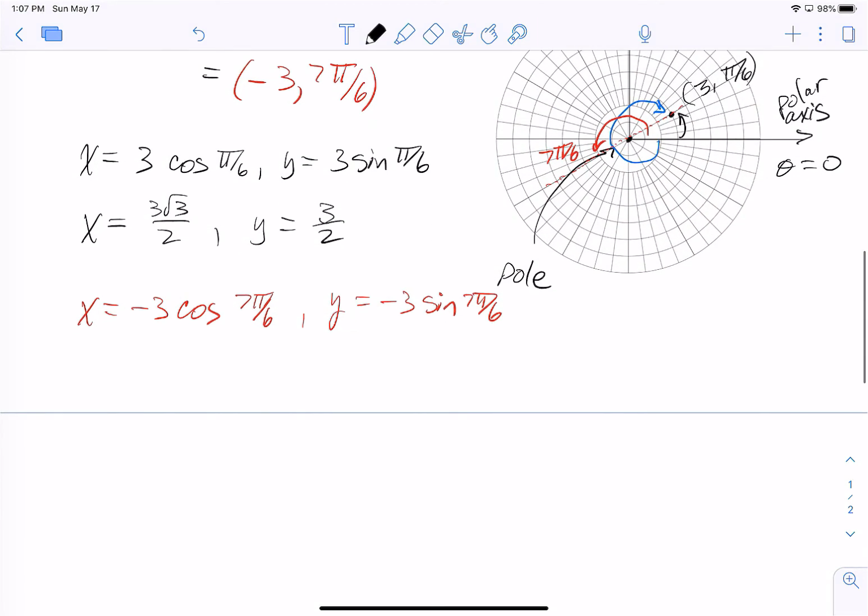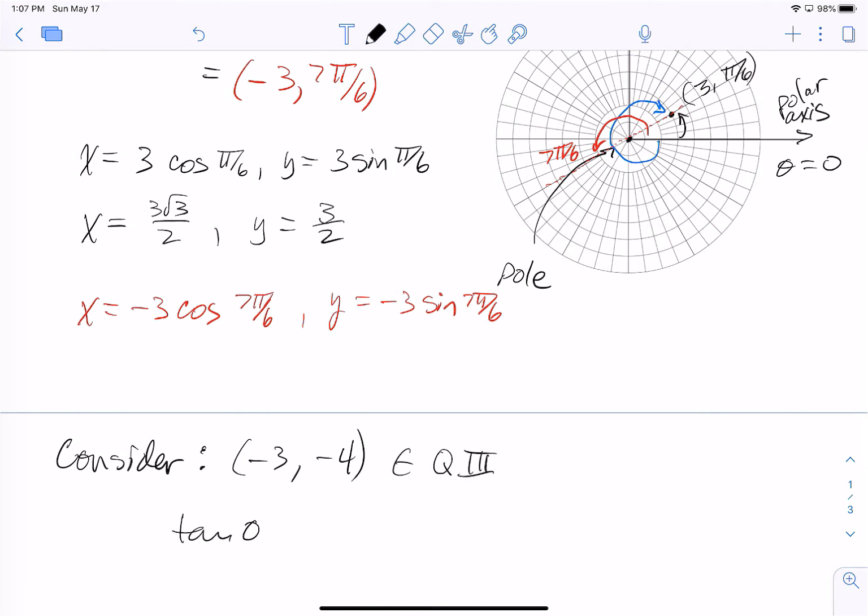So suppose I have a point in the third quadrant. We're going to consider (negative 3, negative 4). This is in the third quadrant. And it's true that the tangent of theta is equal to negative 3 over negative 4, but the negatives divide out, and so I end up with 3/4.